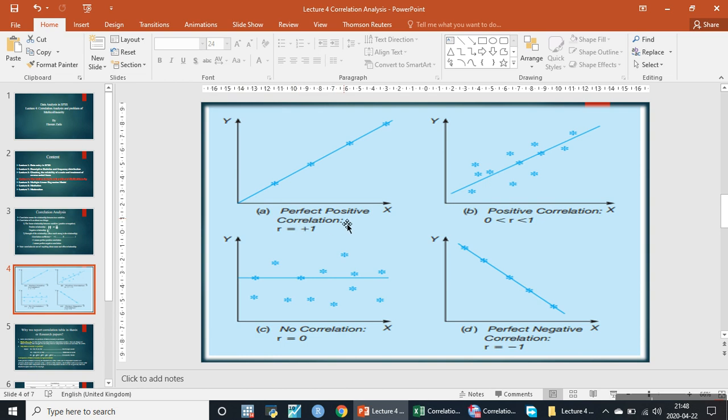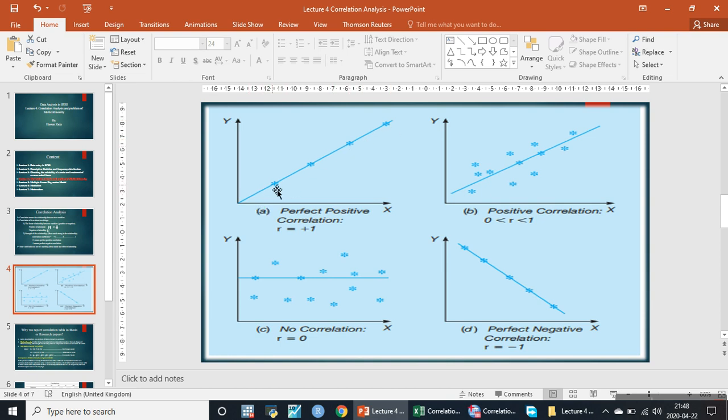Perfect positive correlation: if the correlation coefficient, which is denoted by R, is equal to plus 1, then the line is upward. The upward line shows that there is a positive relationship between two variables, and if the relationship is perfect positive, all the points will lie on the straight line.